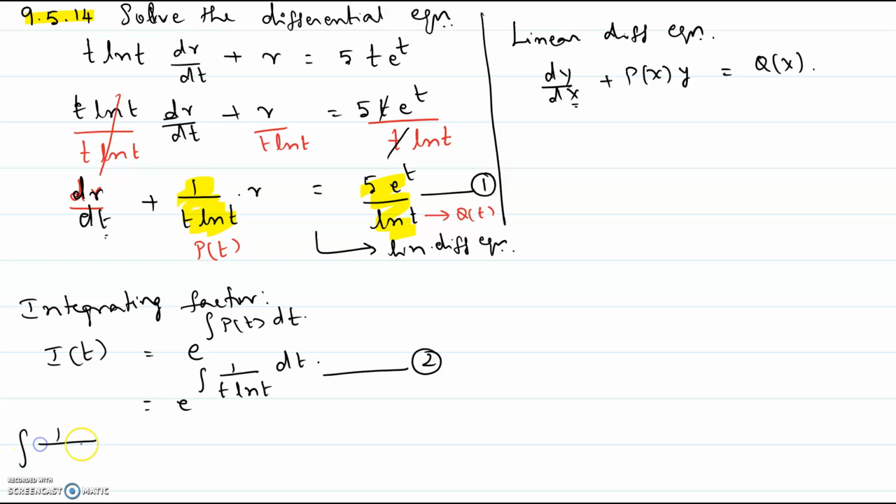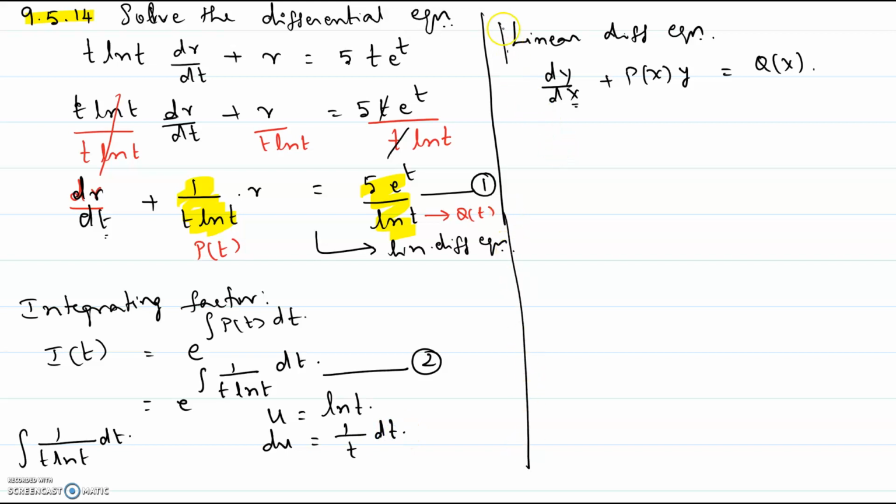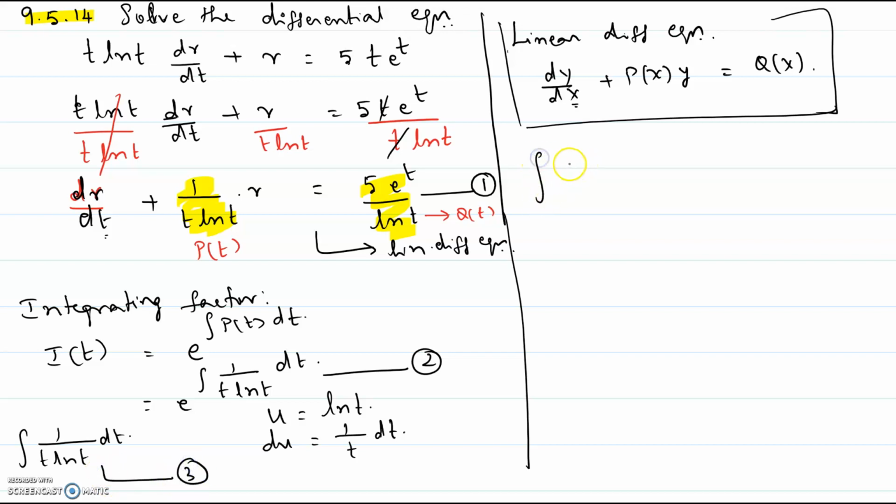How do we determine the integral of 1 over t ln t dt? We'll apply a u substitution, u equal to ln t, then du equal to 1 over t dt. So the integral of 1 over t ln t dt can be written as the integral of 1 over ln t times 1 over t dt.